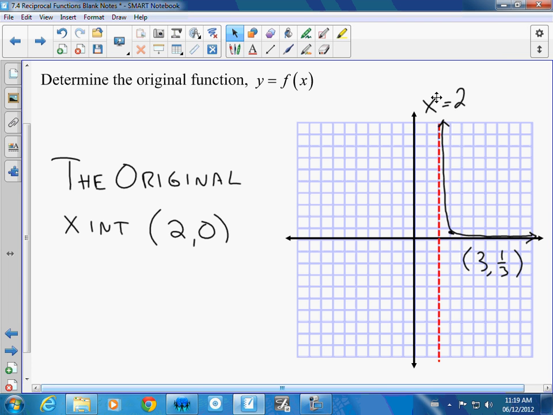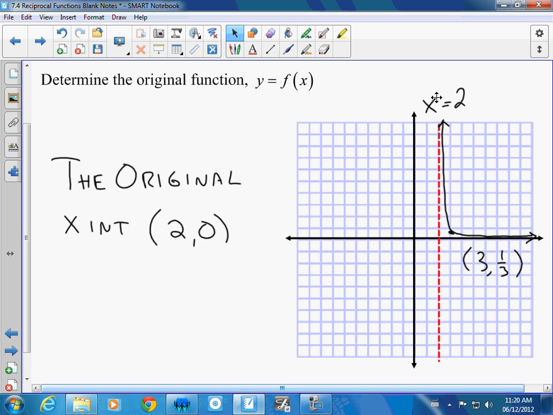I'll just draw it on the sideboard here. It doesn't matter what the line is. What did this one become? What did this one do? Where did it go? Didn't it go 0, 2? Yeah. Remember that?